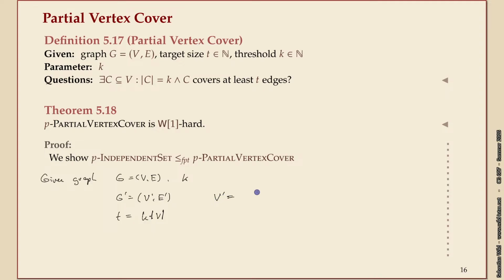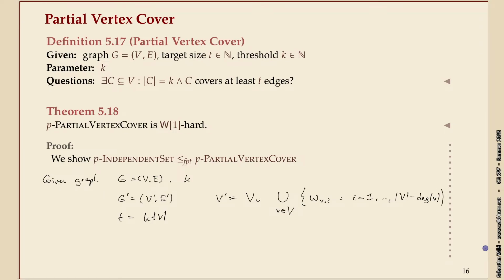But the new graph consists of the old graph, and then for each vertex we add some vertices w_{v,i}, where i ranges from 1 to the number of vertices minus the degree of that vertex. And the edges are the old edges, and we have to connect these up. So basically create a star.